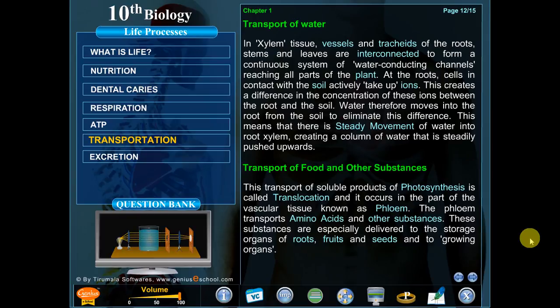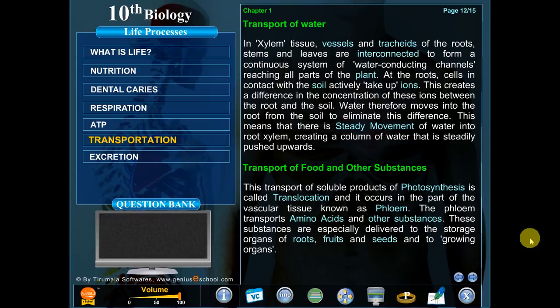Transport of food and other substances. This transport of soluble products of photosynthesis is called translocation, and it occurs in the part of the vascular tissue known as phloem. The phloem transports amino acids and other substances.